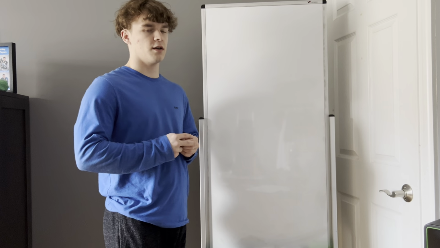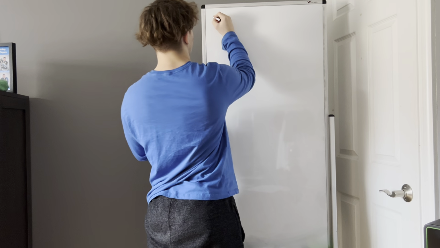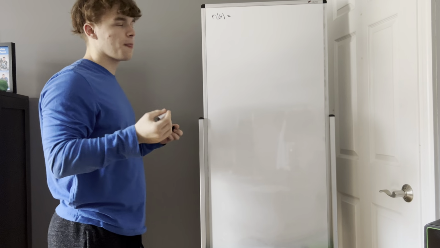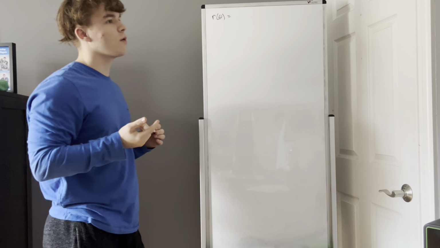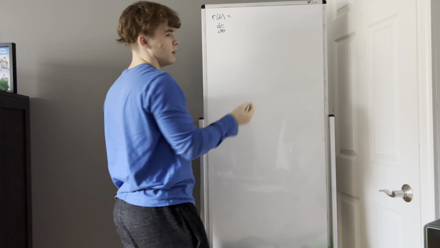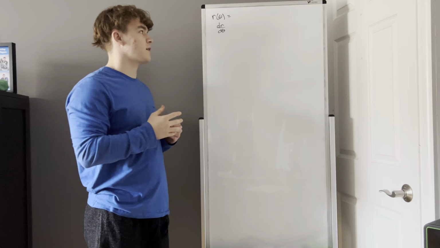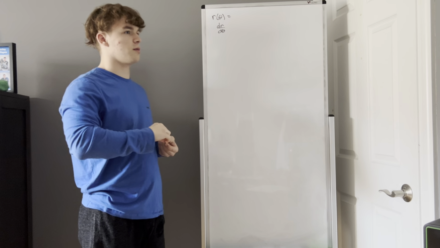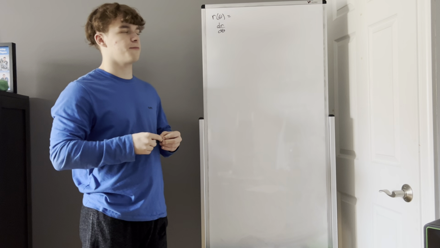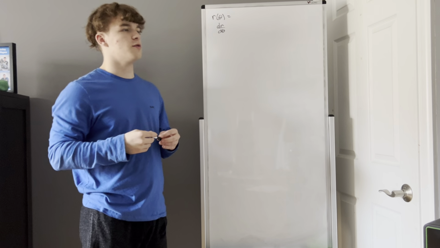So first things first, derivatives. Now, we know that we can have a function r of theta equals whatever, and of course we could find dr d theta, and this would tell us how fast r is changing with respect to theta, which is kind of useful.